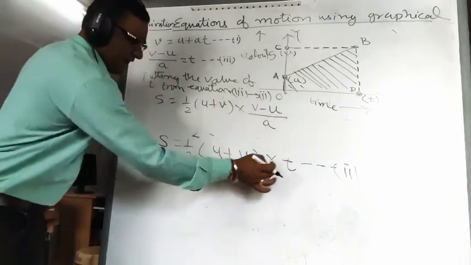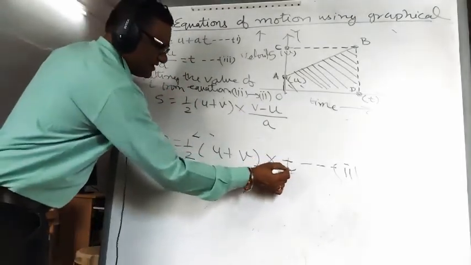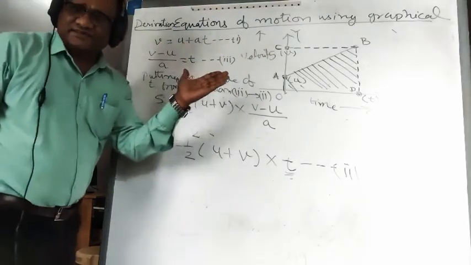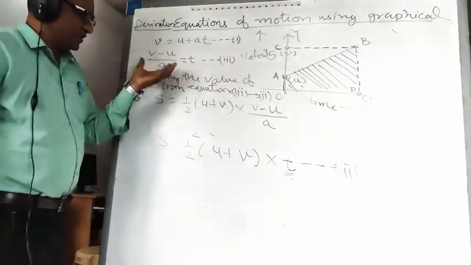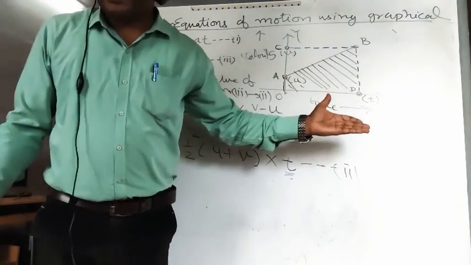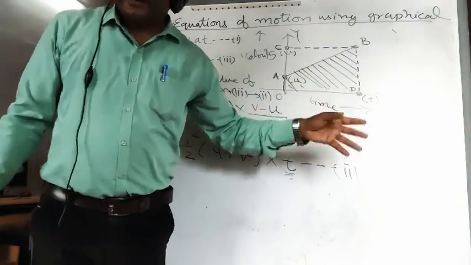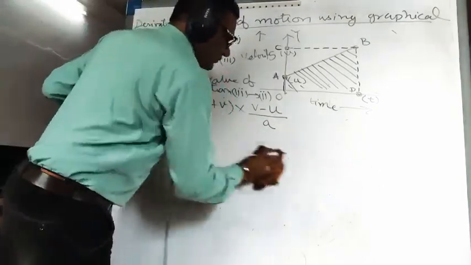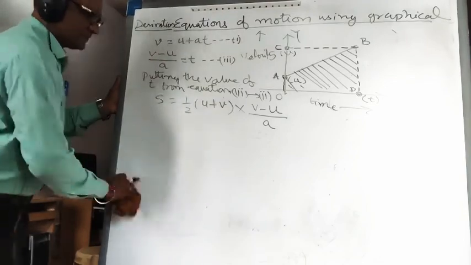This is the value of t I am replacing. The value of t is v minus u upon a. Now let us solve this equation further.